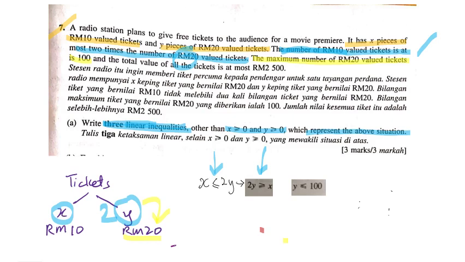Okay, and finally, the third one, the total value of all the tickets is at most 2,500.